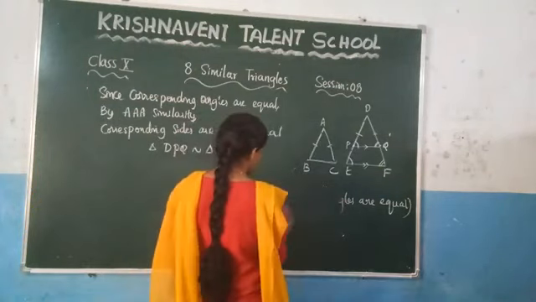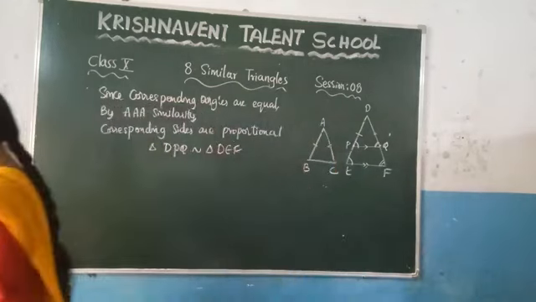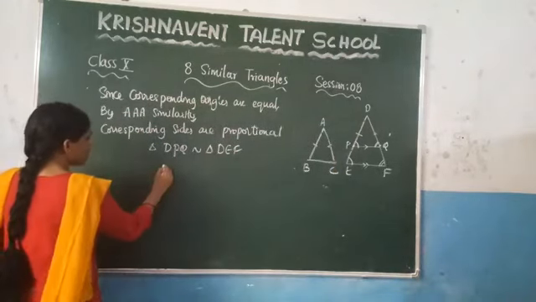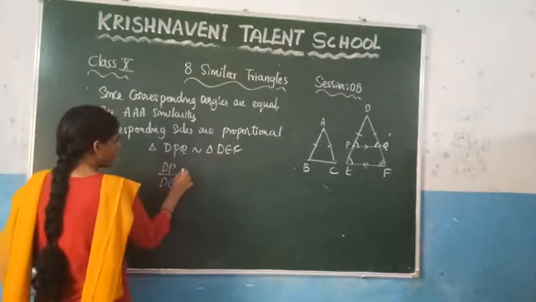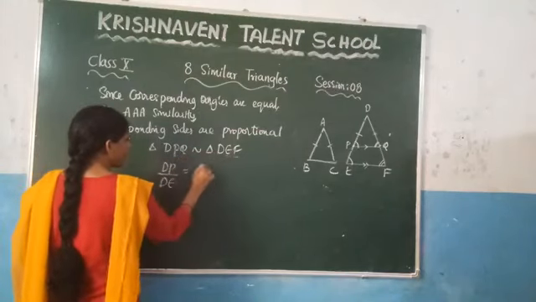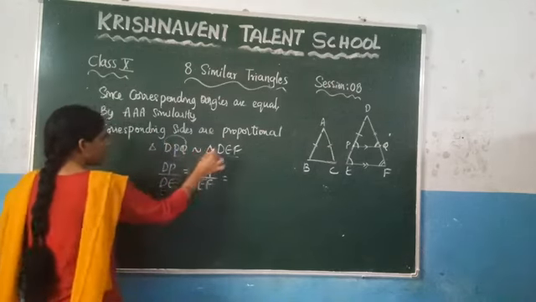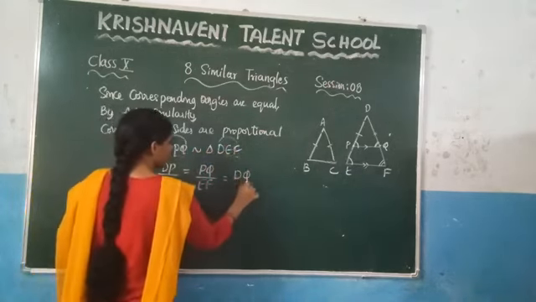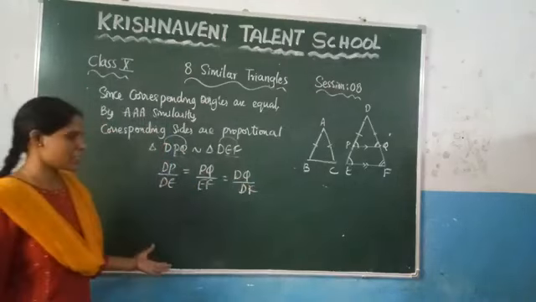Now, what are the corresponding sides? Just write it here: DP by DE is equal to PQ by EF is equal to DQ by DF, right? So we got this condition.